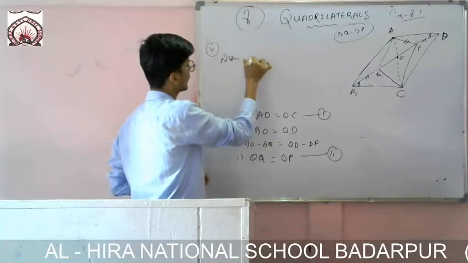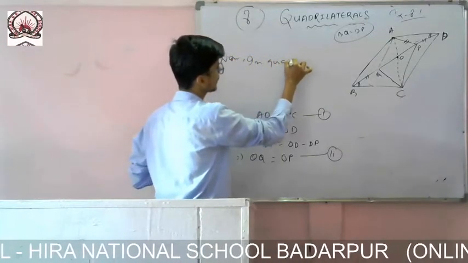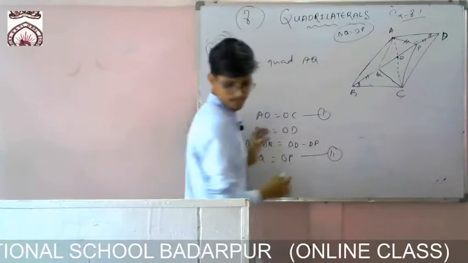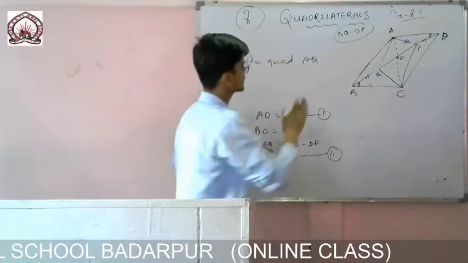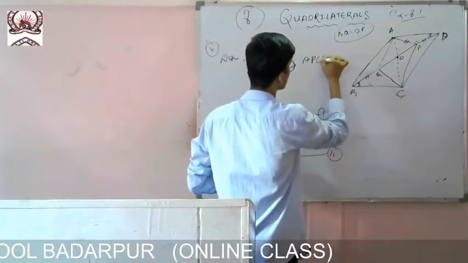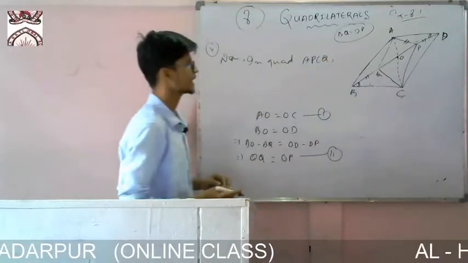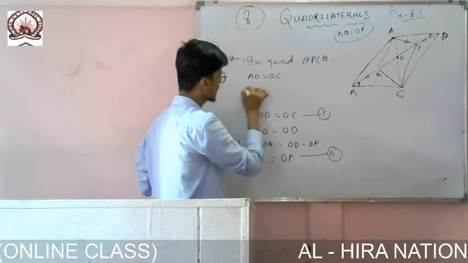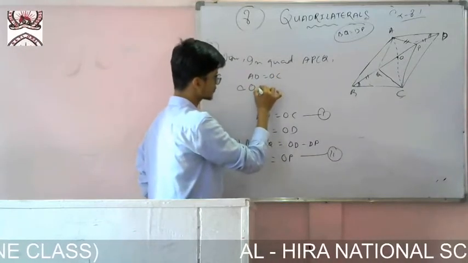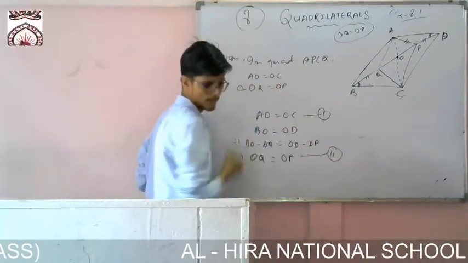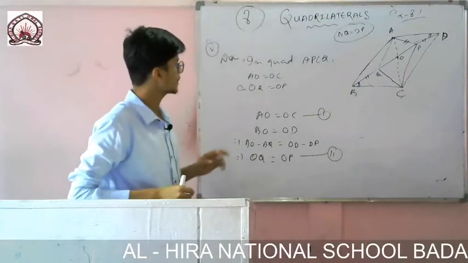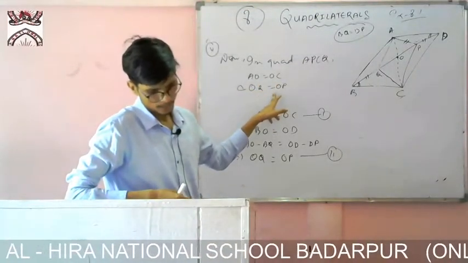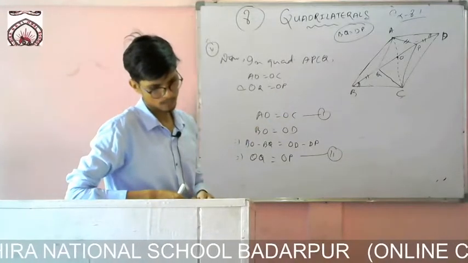Now in quadrilateral APCQ, you write it APCQ. Now in quadrilateral APCQ, AO is equal to OC and OQ is equal to OP. Just now we have shown AO is equal to OC and OQ is equal to OP. That means the diagonals bisect each other.